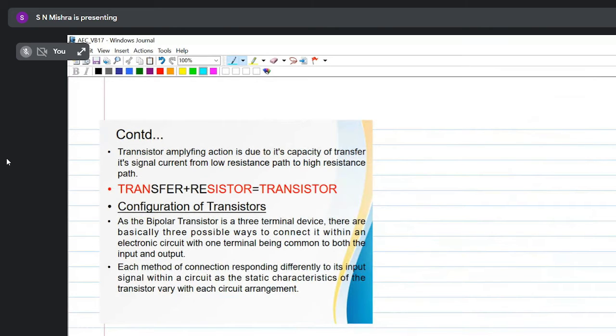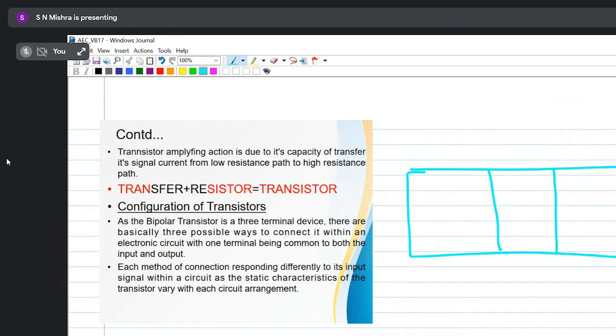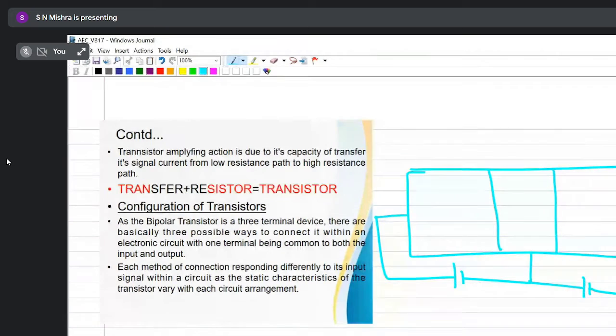Now we'll see the name transistor, why it is given. If you consider the transistor, what we have discussed, the emitter base junction and collector base junction. So the emitter base junction is which type of biased?